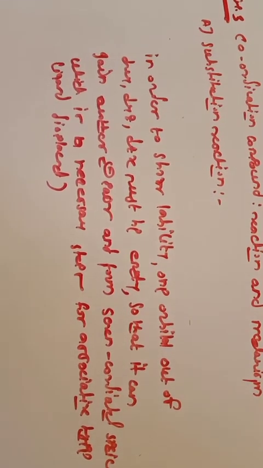There you will be very clear about each of them, but at least you should know that for an inner orbital complex to show lability, one orbital out of the t2g orbitals, dxy, dyz, dzx, must be empty so that it can gain another electron pair and form a 7 coordinated species, which is a necessary step for the associative mechanism. In the associative mechanism, whenever there is association, the coordination number of the intermediate increases by 1 unit, and then there is a dissociation.